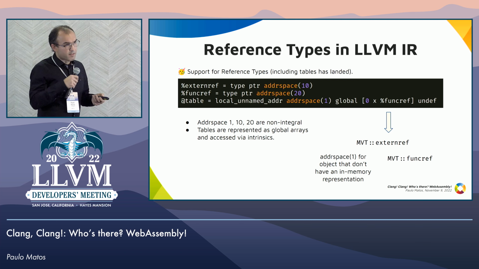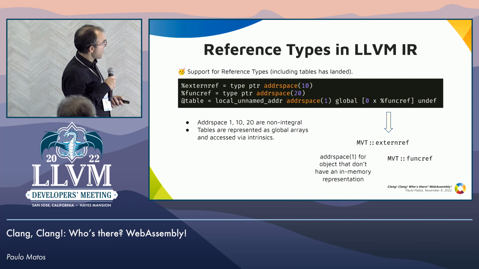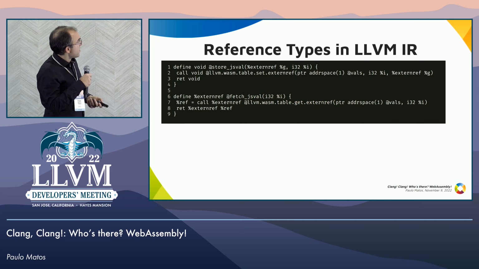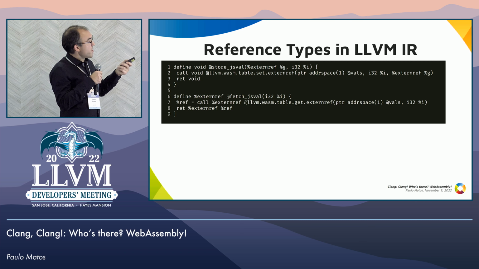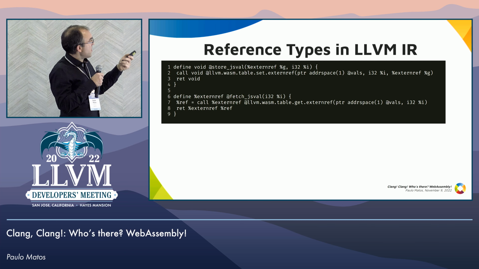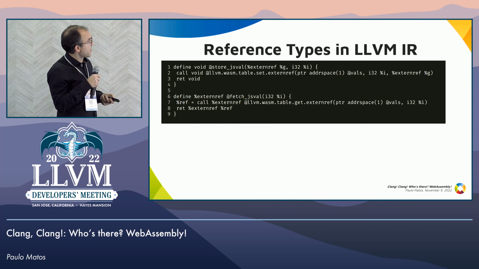This is relatively straightforward because then we can lower these to the respective MVTs and then generate WebAssembly code. To manipulate these reference types, we have in LLVM a bunch of intrinsics like llvm.wasm.table.set.externref.